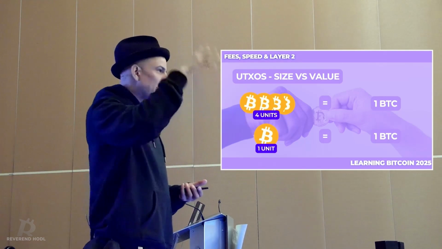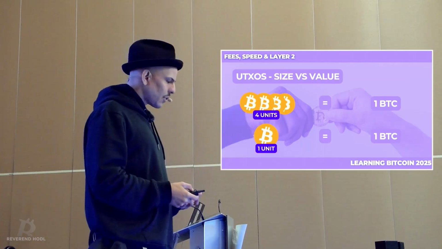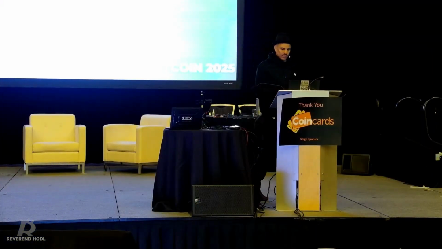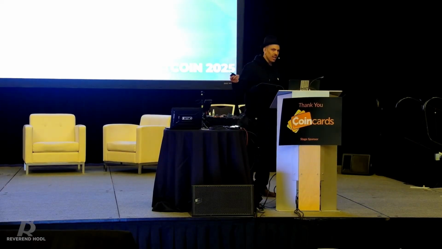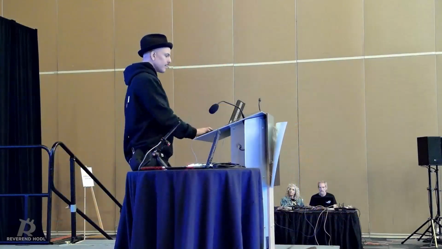And these parts, or bits, or whatever we want to call them, are technically called UTXOs. This is what a UTXO stands for, an unspent transaction output. It's the jargon that people use, but it's what determines the fees, and this is why this is important.